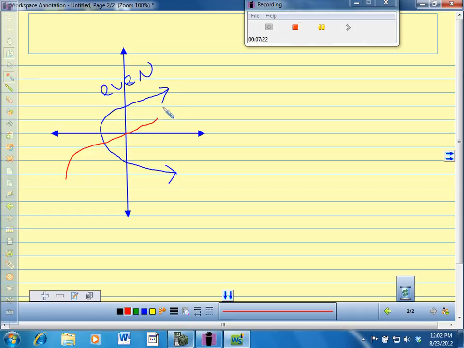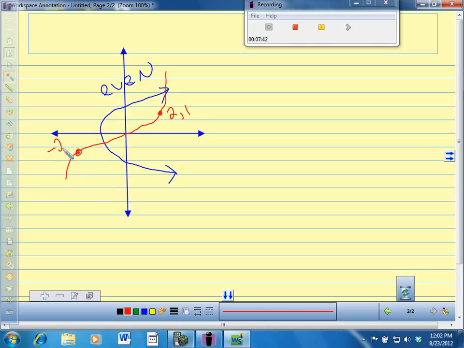Would that be kind of like that? See how this is kind of symmetric if I rotate over here 180 degrees? So with an odd function, if I have a point like (2, 1) on this graph, what point would be over here? (-2, -1), right?